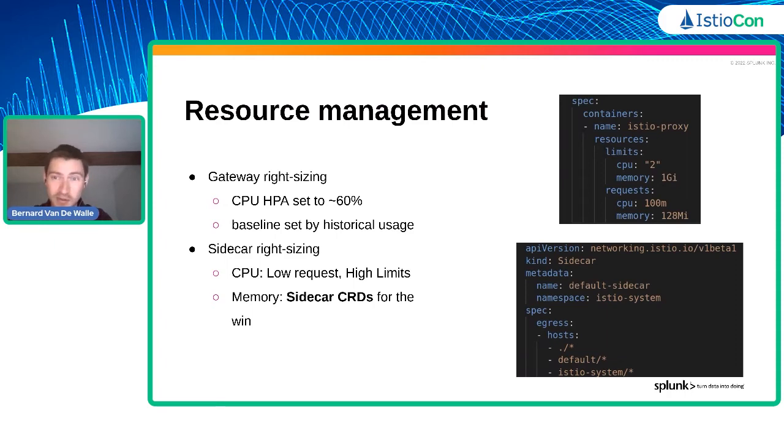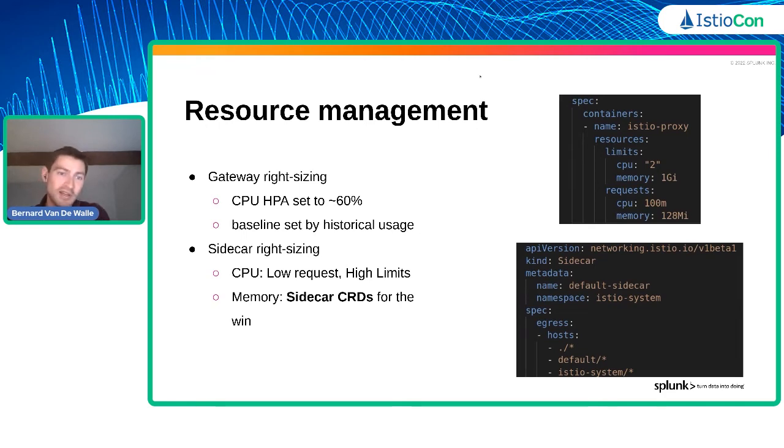So for sidecars, what we did is we give a low amount of requests, but a high amount of limits, and this allows very bursty traffic to go through. For very specific applications, we talk to the service owners and we move up those requests by default. One thing we learned the hard way is at some point we had really, really high memory consumption on the sidecars.